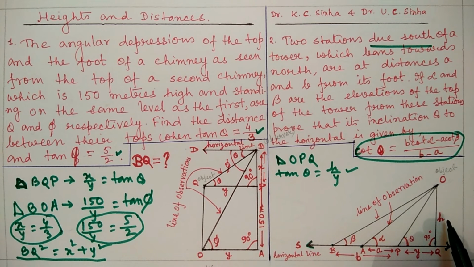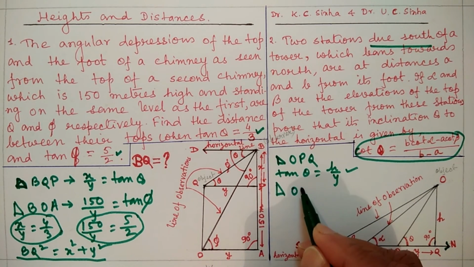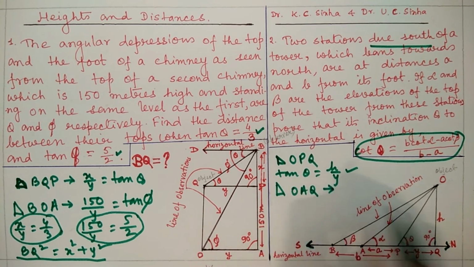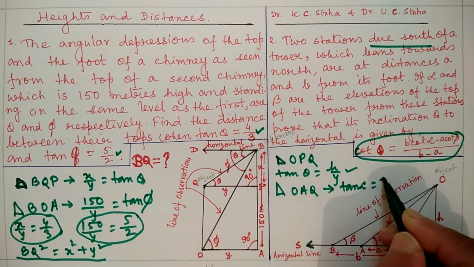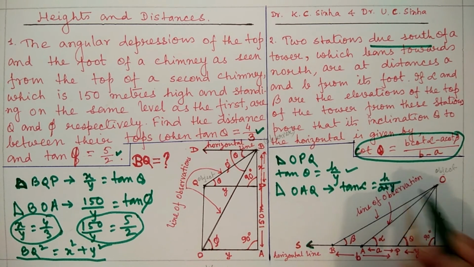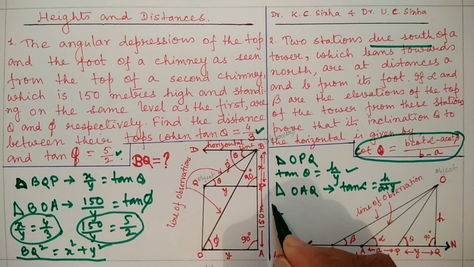So we can write H by A plus Y, because AP is equal to A and we have taken PQ equal to Y. So tan alpha is equal to H by A plus Y. And another right angle triangle we are getting is OBQ.